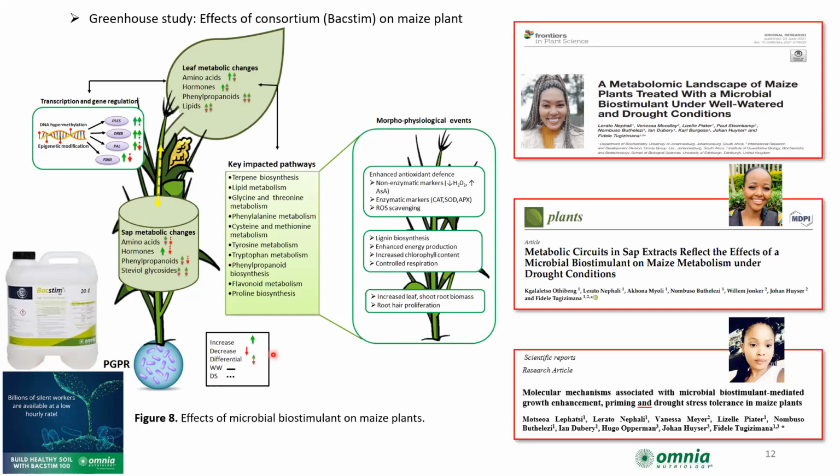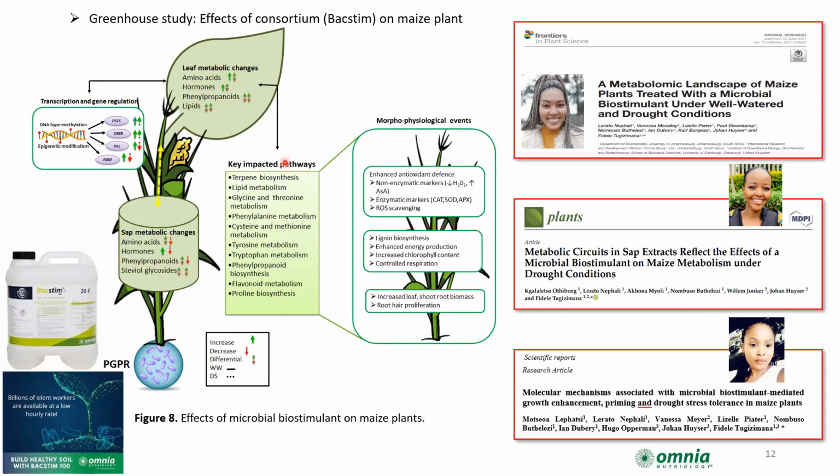For example, I use this PAL, which is a gene that is responsible for the initiation of the phenylpropanoid pathway. Under normal conditions, it was increased, and this was reflected in the leaves where we saw differential changes in the phenylpropanoids, and this was also reflected in the sap where we again saw differential changes in the phenylpropanoids.